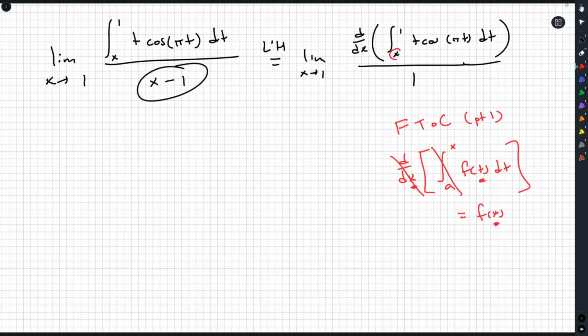Well, oops, we don't have this. We have the x and the 1 in the wrong spots.